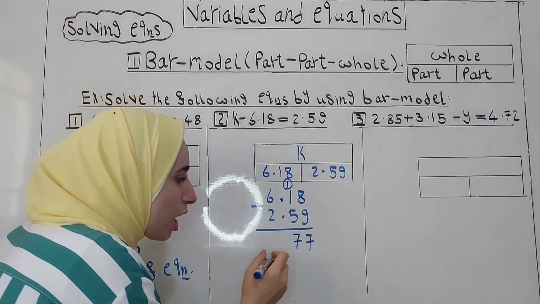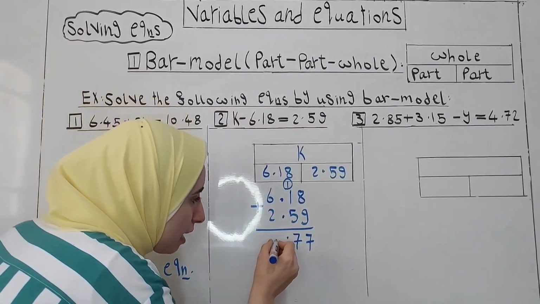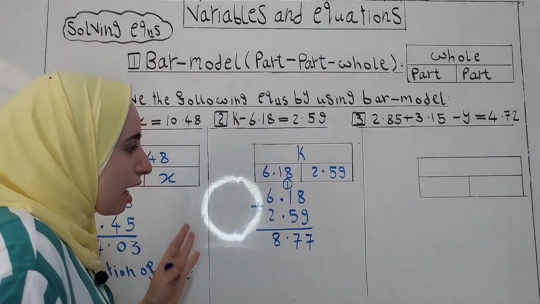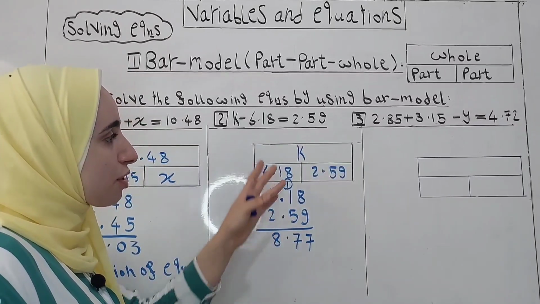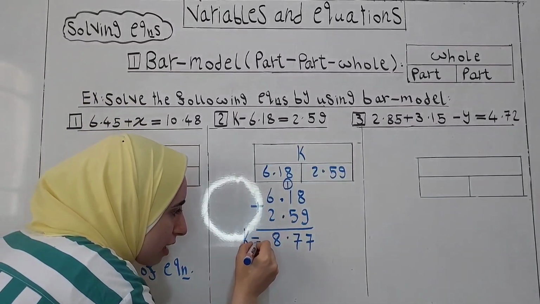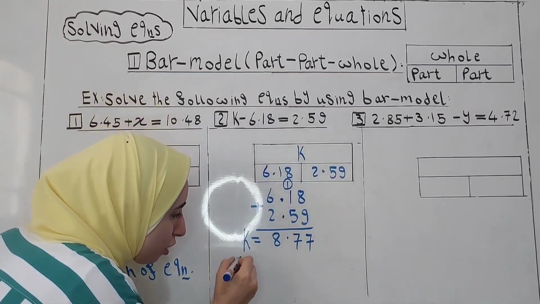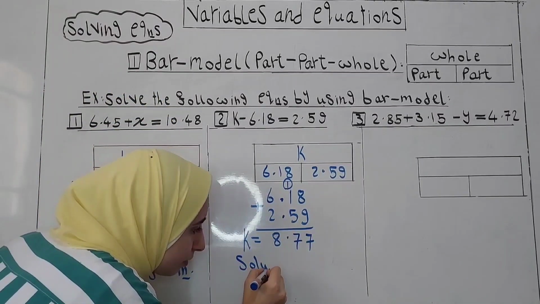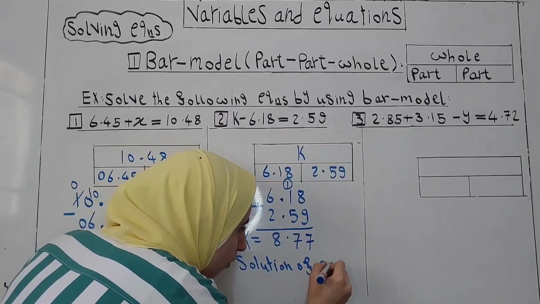We reach the decimal point, bring it down. Now 6 plus 2 equals 8. Now 8.77 is the value for the variable k. So k equals 8.77 is the solution of the equation.